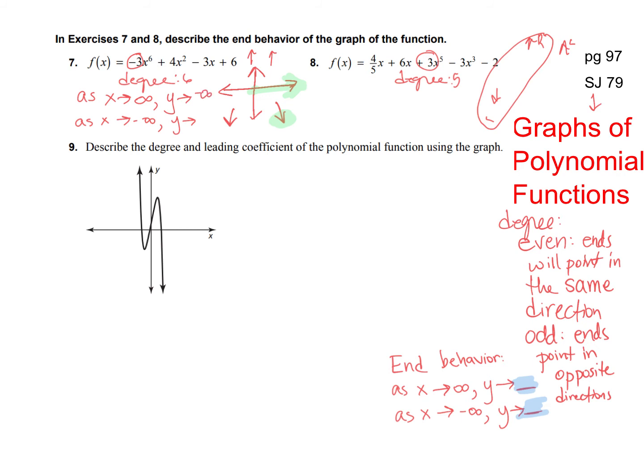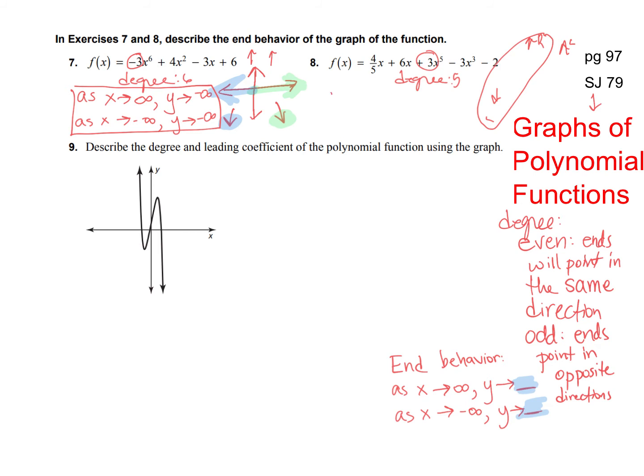And then let me use another highlighter. As x approaches negative infinity, so there's that blue highlighter. As x is approaching negative infinity, what's the end of your graph doing? Well, it's approaching negative infinity also. And that's my end behavior of that graph.